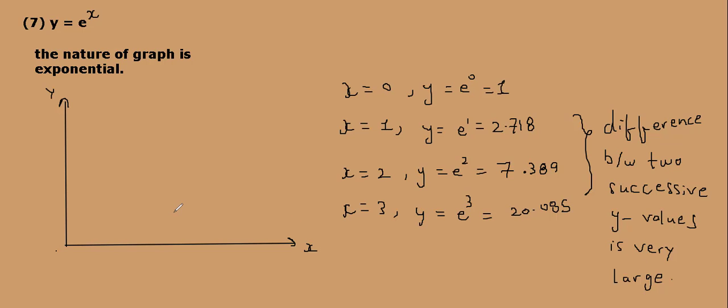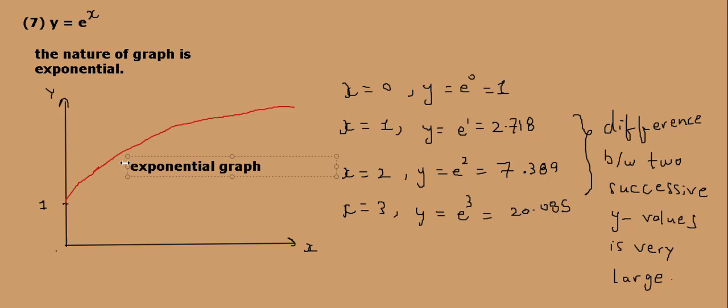So the nature of the graph for this one, suppose this is the point 1, the graph will be in this manner. Let me show. It will be rising very fast in this manner. So this is the nature of the exponential graph.